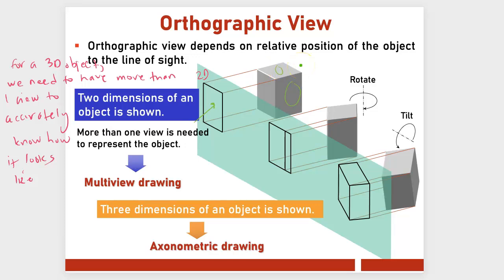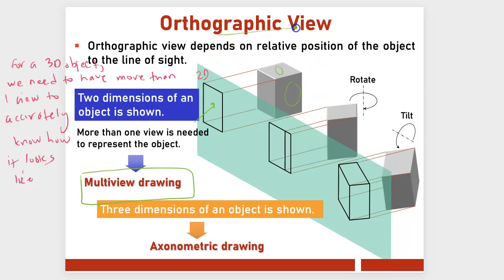And because we need more than one view, this is called multi-view drawing. Multi-view drawing of orthographic view. Orthographic view is a parallel representation of the object from that view. We can have multiple views, and this is called multi-view drawing.